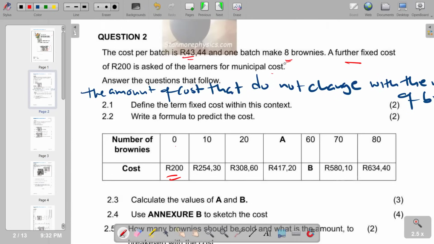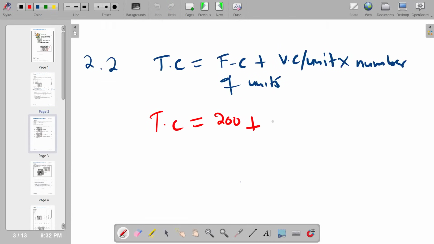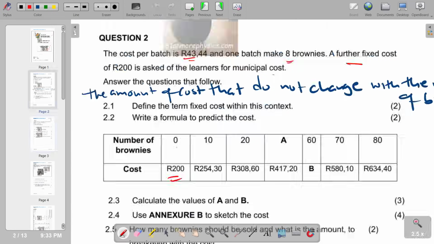To get the variable cost per unit, we say 43.44 divided by 8. So here we have 200 plus 43 Rand 44 divided by 8, multiplied by the number of units, in this case the number of brownies. This is the formula asked for.